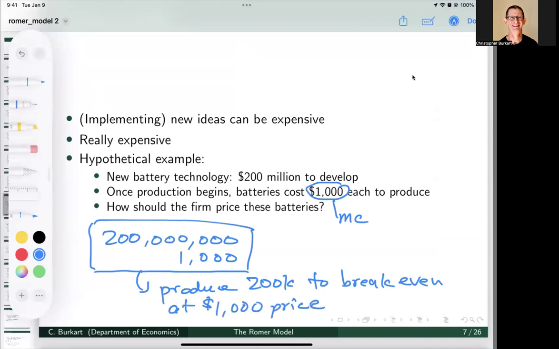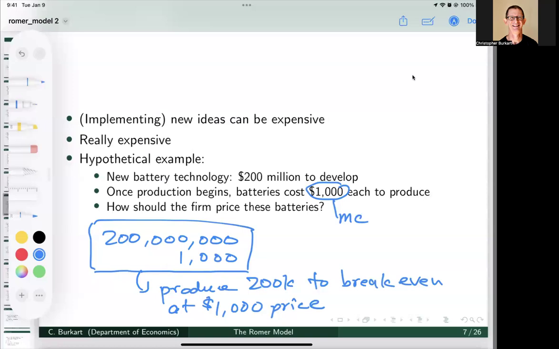You'd have to scale up pretty big to even be induced, as a battery technology developer, to produce these.